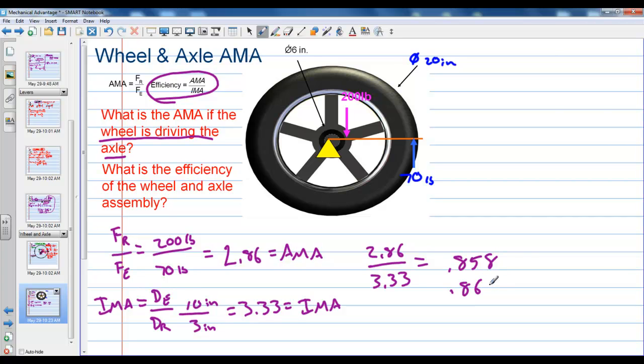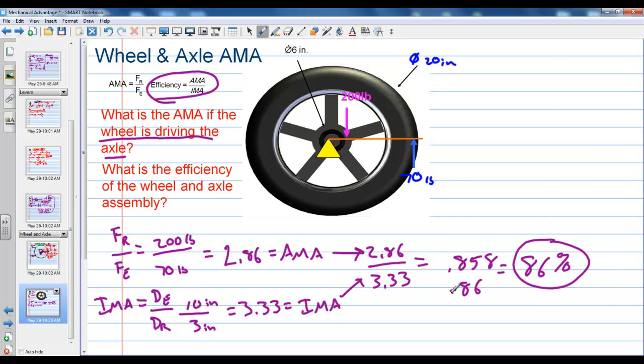If we convert that to a percentage, we get 86% efficient. So that's our efficiency. We had the AMA here and the IMA here to solve for an efficiency of 86%.